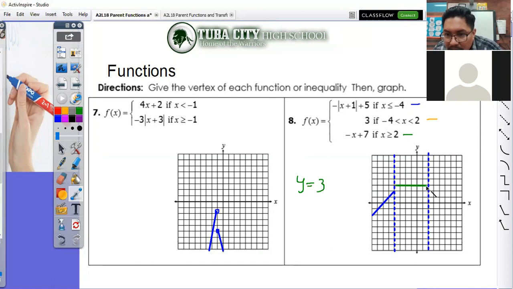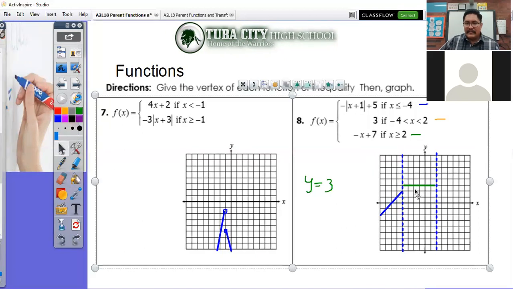There you go. And again, we only use the y equals 3 line between -4 and +2. So that's the only place we graph it. The line ends between those two spots. Now that line should have been orange. I said I was going to color code it and wasn't even following my own.